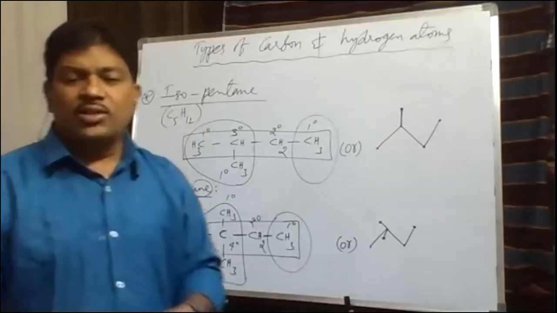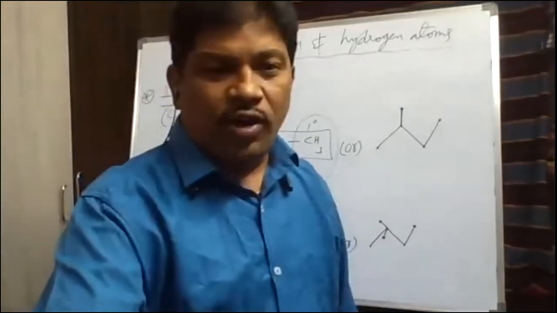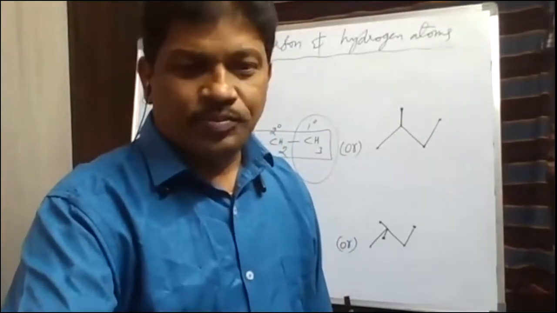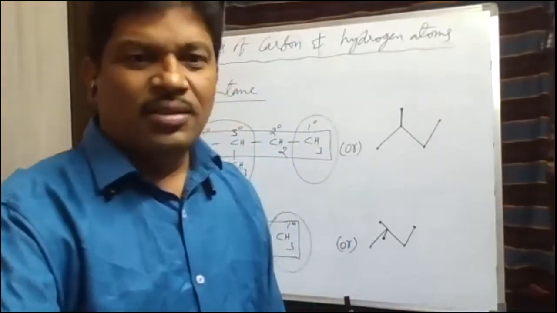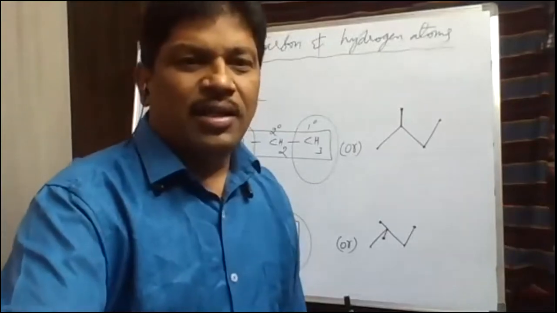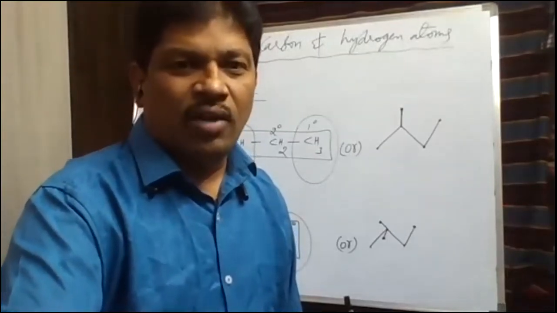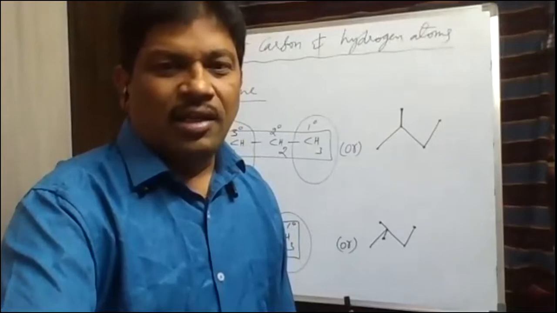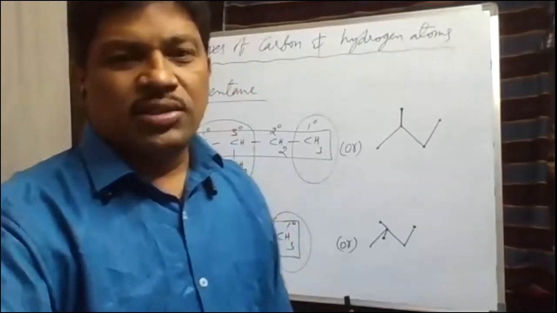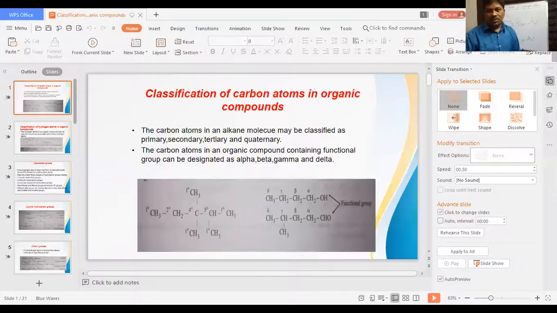And sometimes we can also classify the carbon atoms as alpha carbons, beta carbons, gamma carbons, and delta carbon atoms. Okay, alpha, beta, delta. So alpha carbons, what? Sometimes there will be functional groups present in the given structure. When there are functional groups, the functional group attaches to one of the carbons, right?